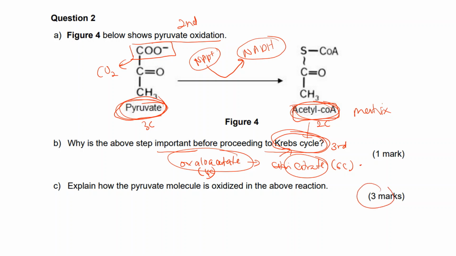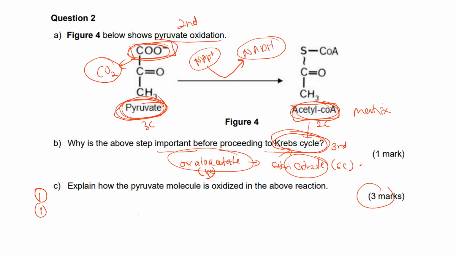First, you have to mention that pyruvate will undergo decarboxylation. What does it mean? The carboxyl group is removed as carbon dioxide. So that is the first point. The carboxyl group of pyruvate is removed as carbon dioxide, which is decarboxylation.